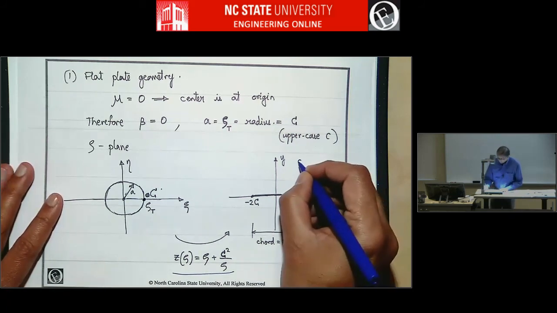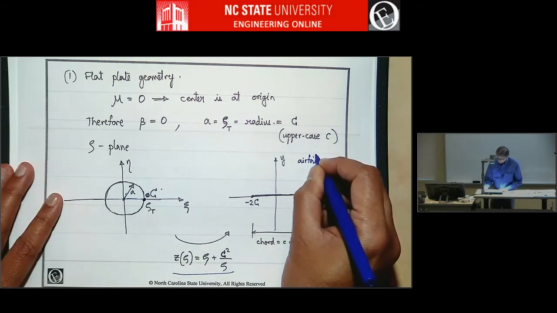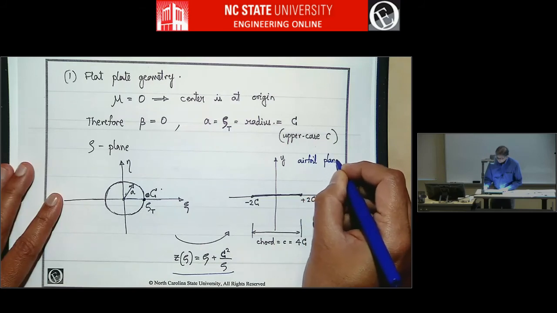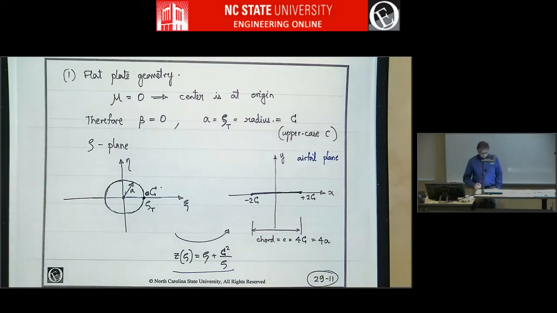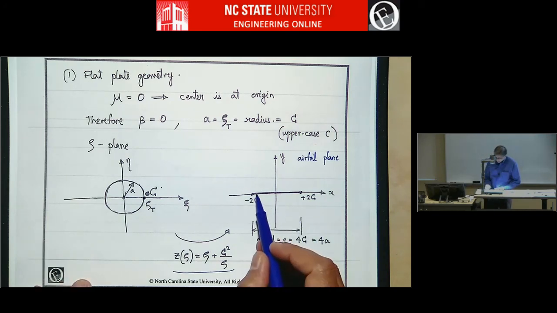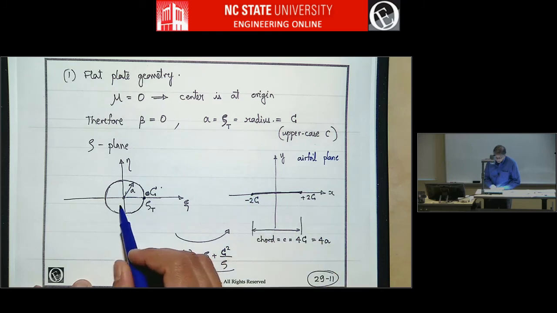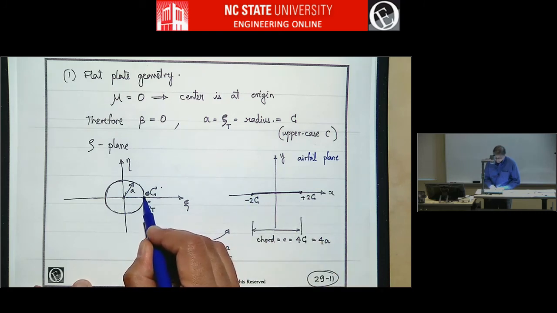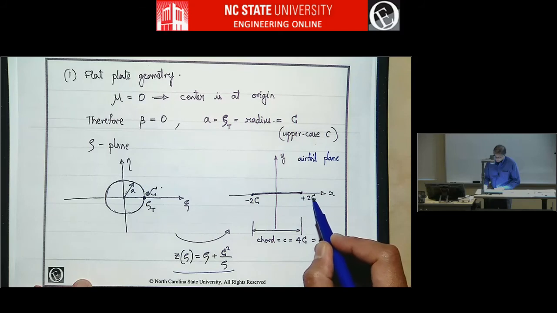So this is the airfoil plane. Okay, so in other words, this point will become this point. So that is at plus 2c.